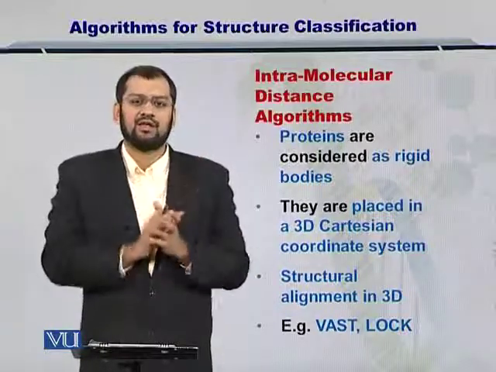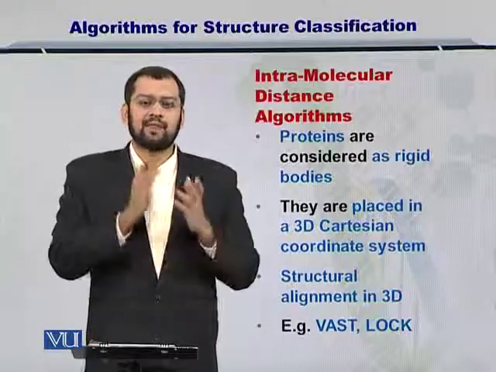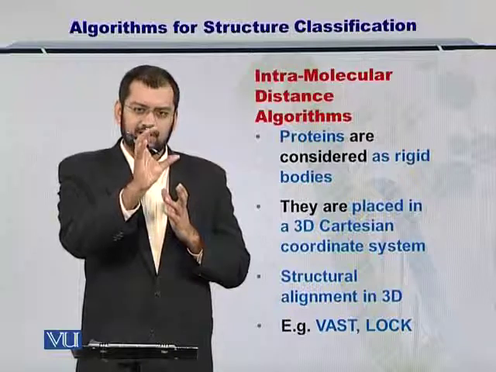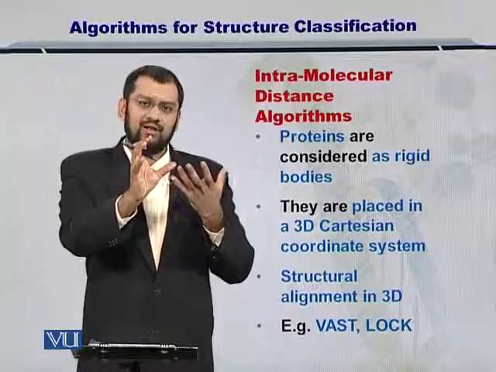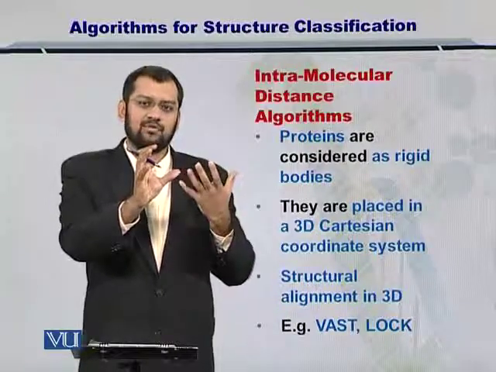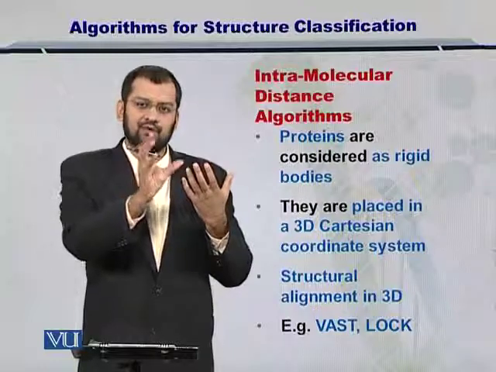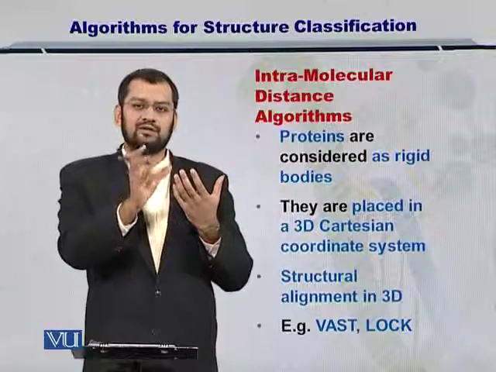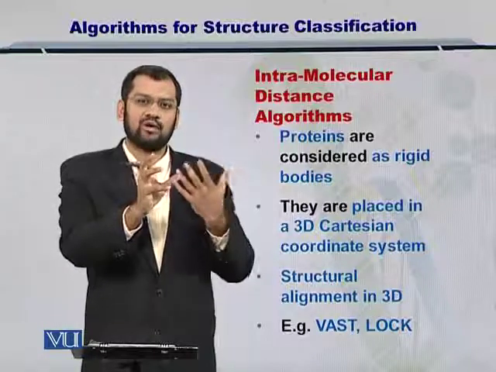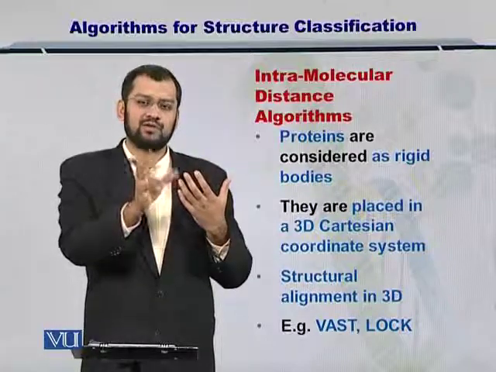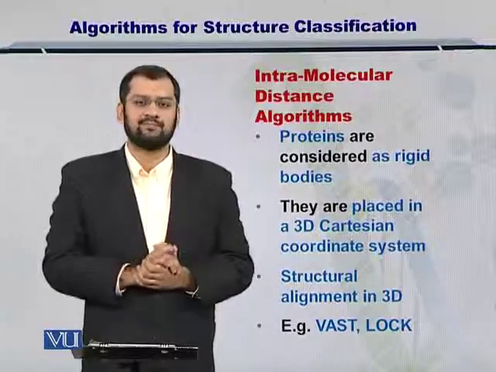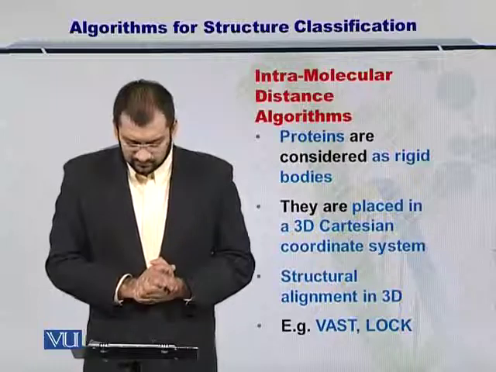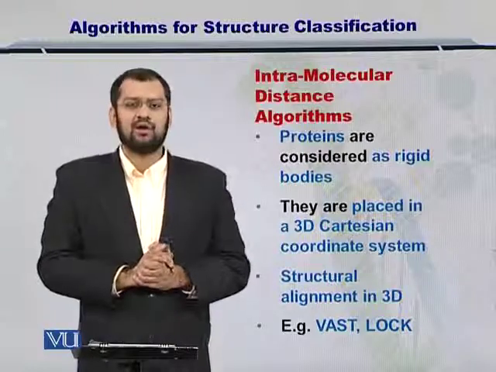In the case of the classes, the domains, there will be lots of hydrogen bonds within a specific domain, while there will be no hydrogen bonds with the rest of the structure, and therefore the distance within a domain, the intramolecular distance, will be small as compared to the distance between this domain and the rest of the protein. Examples of these schemes include the VAST and LOC schemes.